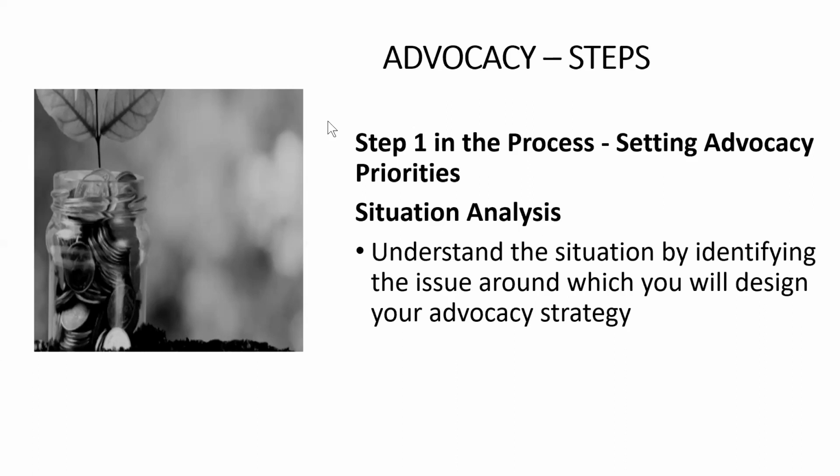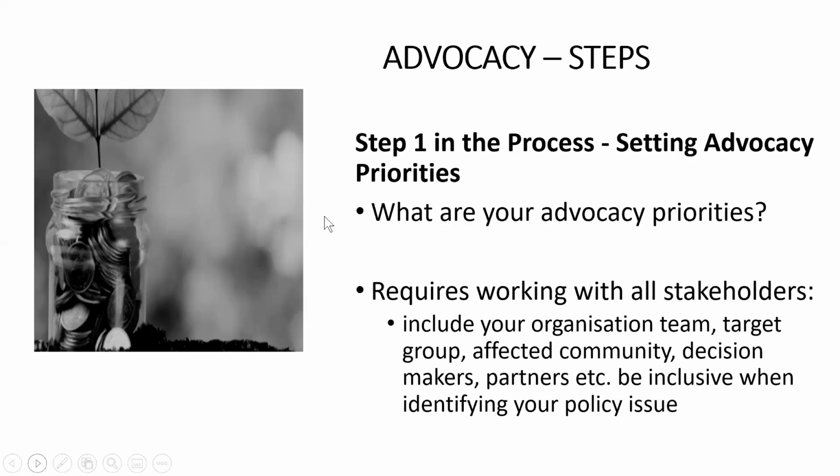As I said, the first thing is to identify the situation about that particular issue that you're having. So the question to ask yourself is, what are your advocacy priorities? This requires that you work with all stakeholders, and that's why we said that even though you may have more than one person in a particular CSO taking the course, it's not an individual activity.